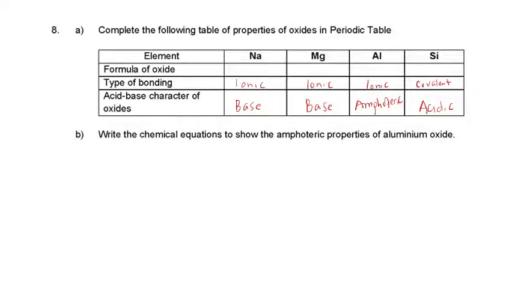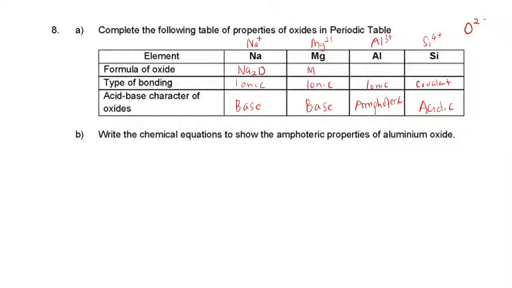Then now we look at the formula of the oxide. If these form ions, they prefer Na plus, Mg2 plus, Al3 plus, and this one will become Si4 plus. Na plus and oxide, which is O2 negative, we cross over the charge to get Na2O.